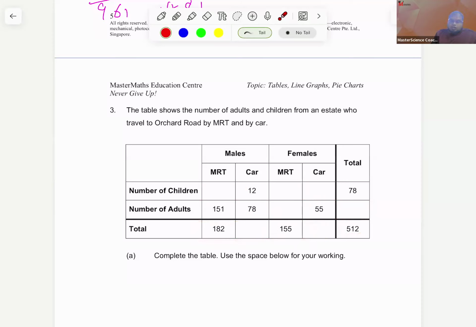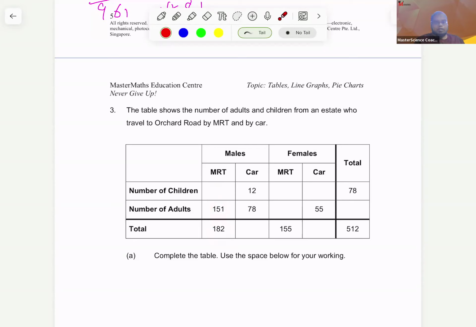Some of it, you see, has two blanks. Then you might be wondering how to find that. Maybe you can try to look at it the other way. For example, this one is easy: I can take this total minus this, and I get this one.